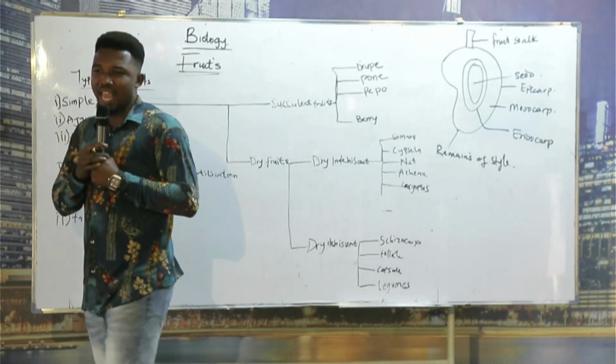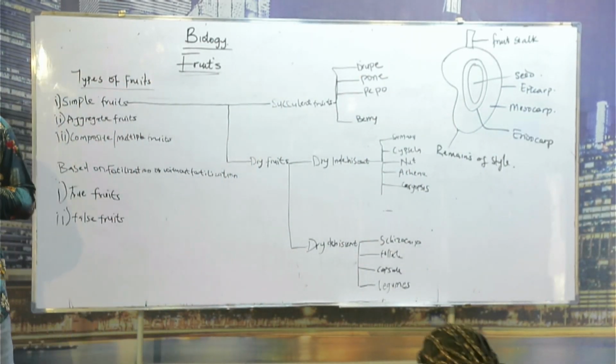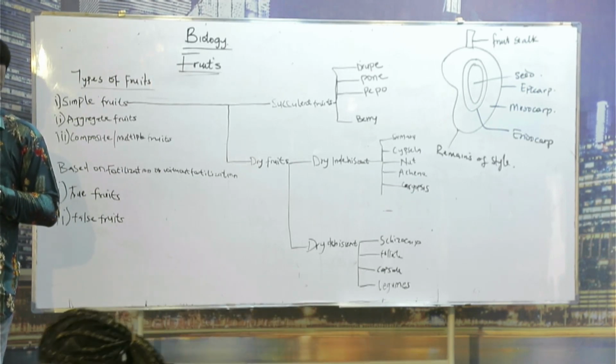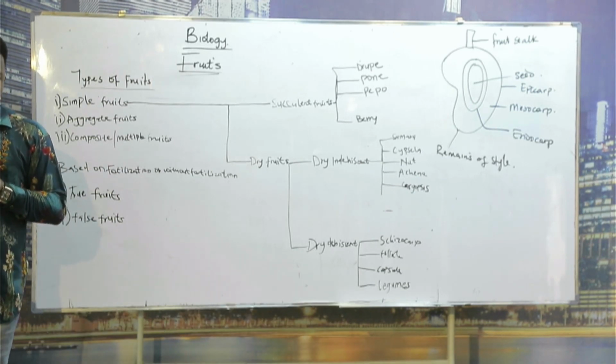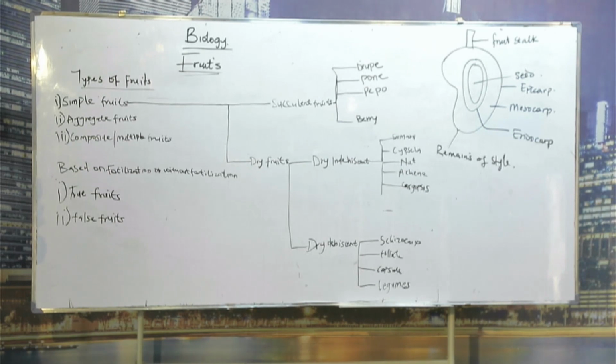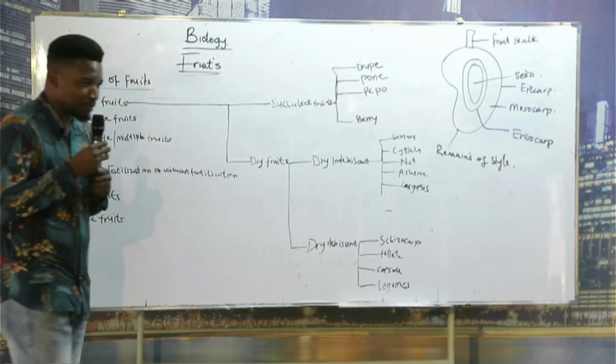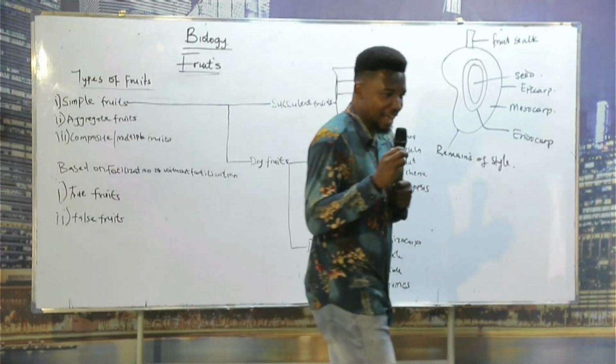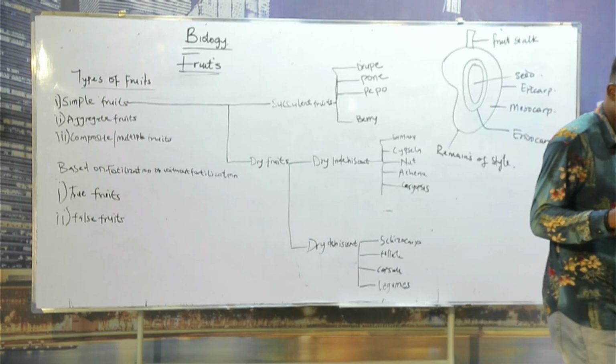What of African pear? Is it under true fruit? You lie. African pear is not under true fruit. It's under false fruit. That place that usually heats up to become soft, that place is the receptacle.